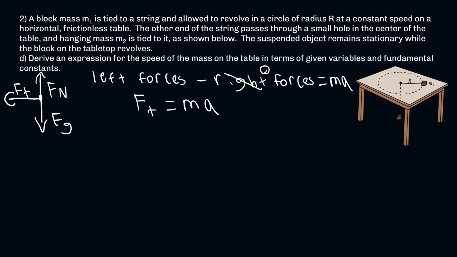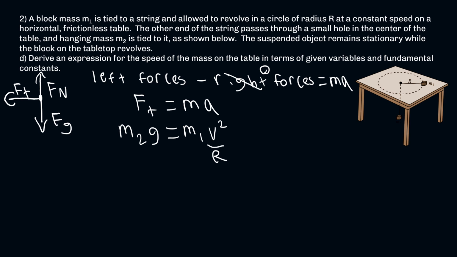So Ft, what we derived in part C, is m2 times g. Our mass here is m1 for the object on the table. My equation for acceleration in a circle is v squared over r, and the r they gave us is capital R. Now I'm going to isolate for v on one side of the equation. What I have attached to this is m1 by multiplication and r by division.